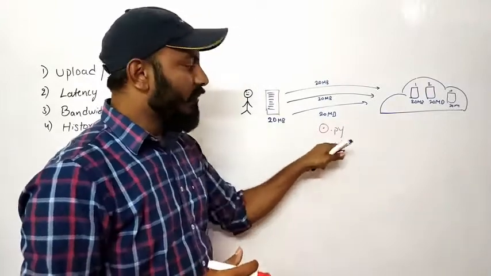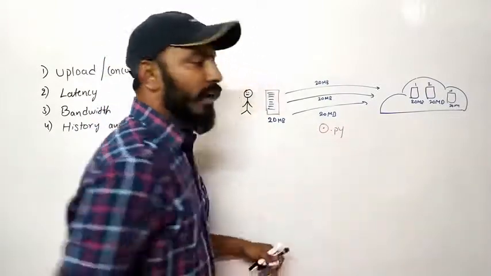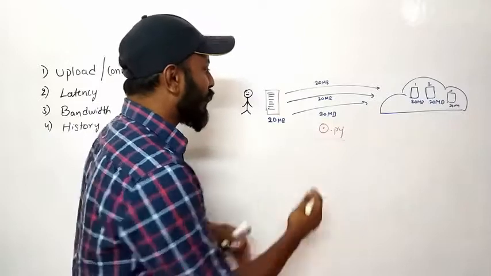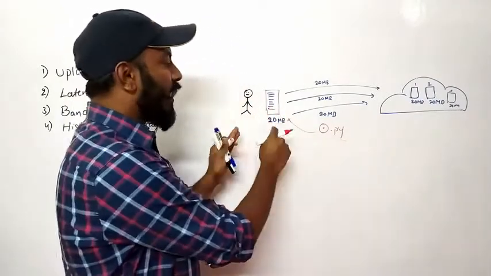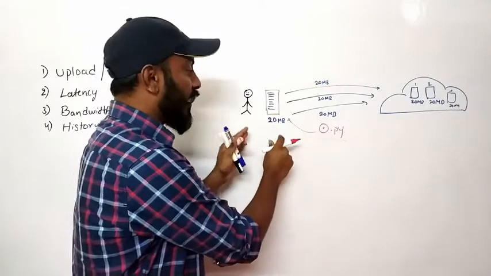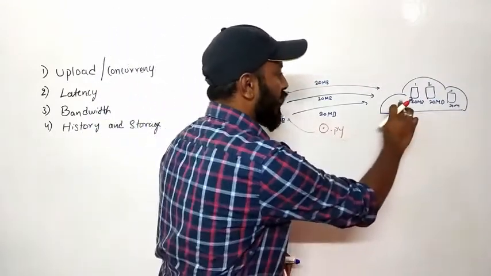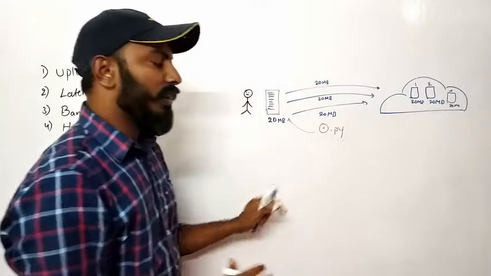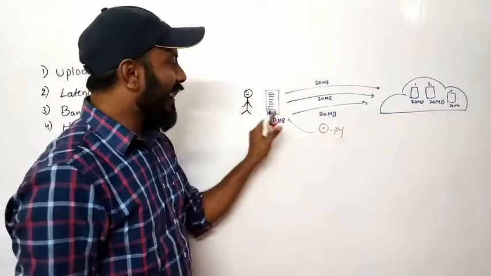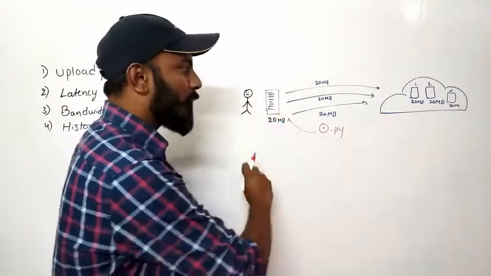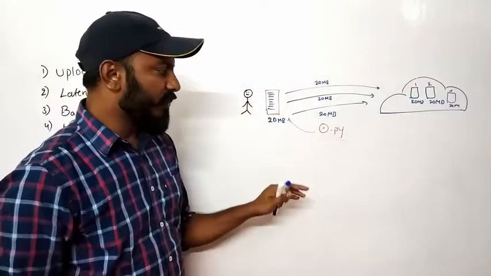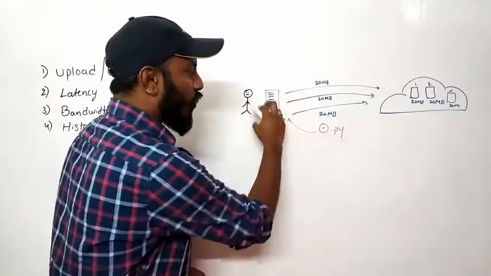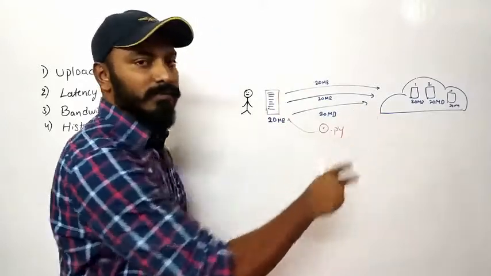What this Python file can do is look at the file as a whole, and whenever you click a button to sync, the whole file will be uploaded to the cloud, and that's what it does. So if you closely observe, it is taking the whole file and uploading it.